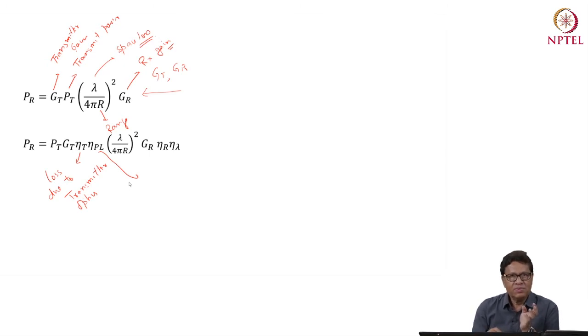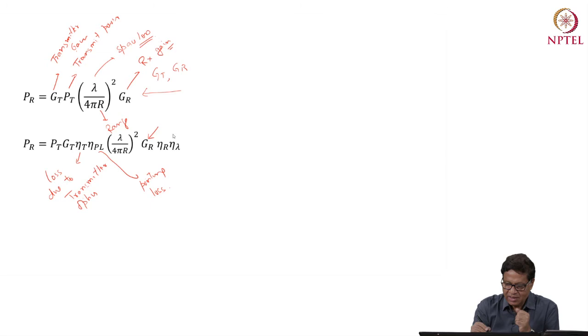So I need to factor in this also, which is called pointing loss. And then this is the space part, which is taken from here. GR is the receiver gain.